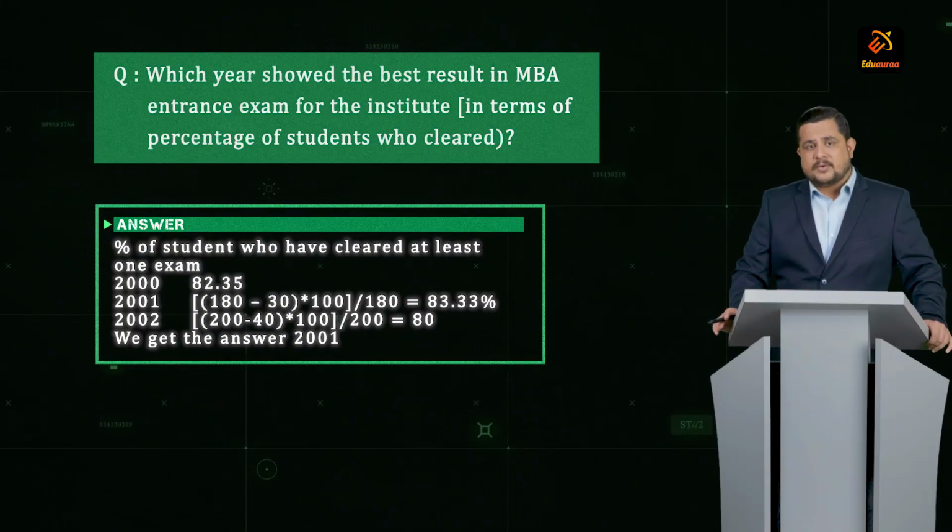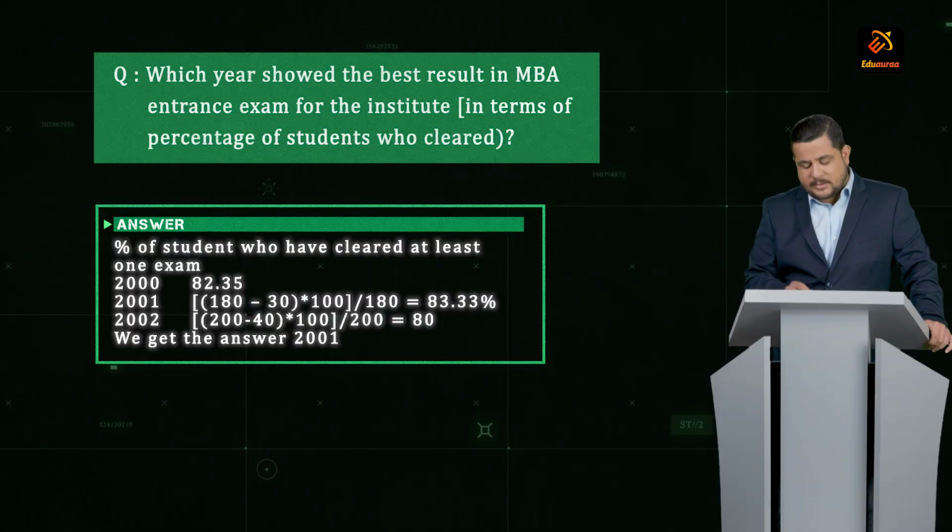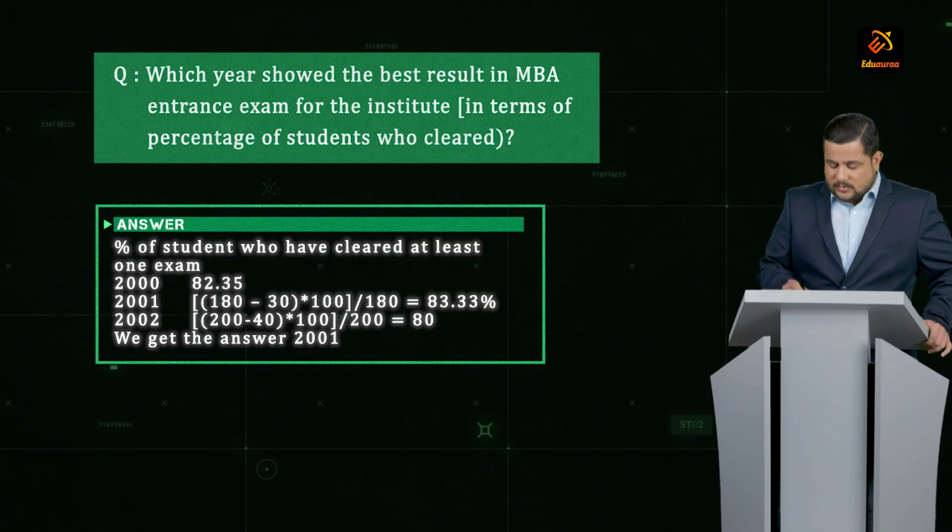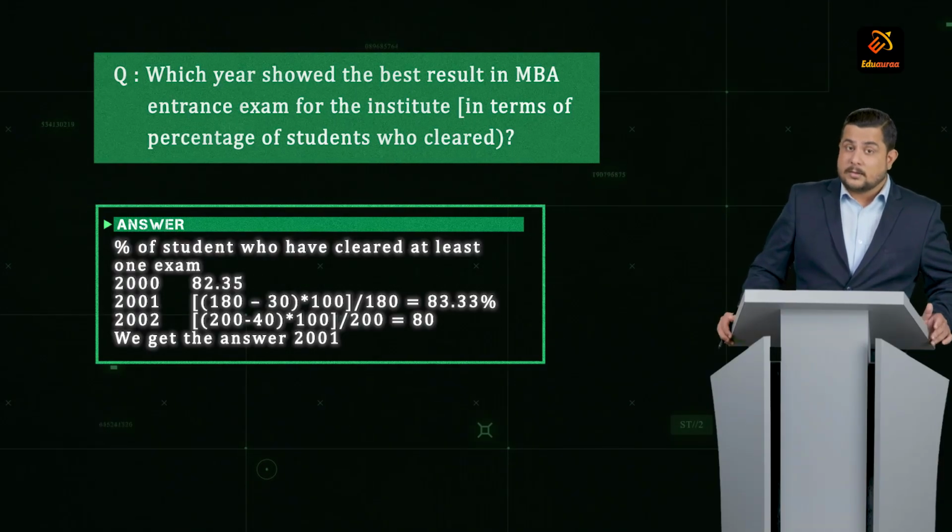So we just have to find the percentage of students in 2000, in 2001, and in 2002. In 2000, as we already calculated, the number of students who passed at least one exam was 82.35%. Now we'll go for 2001.